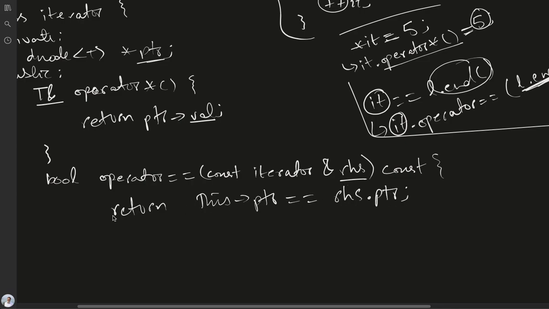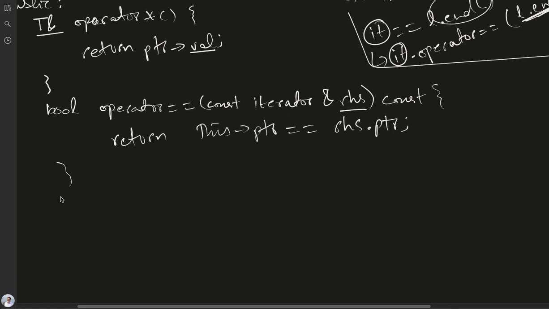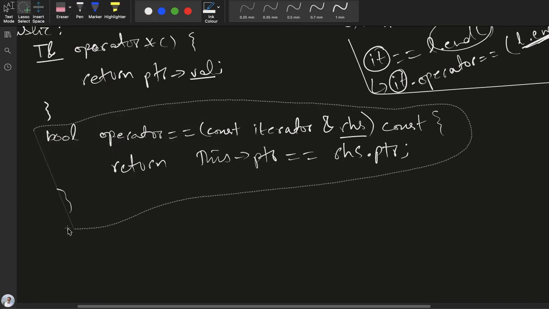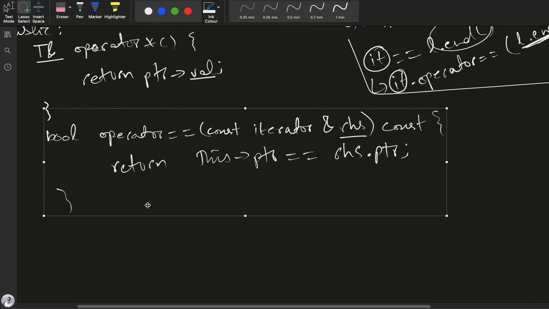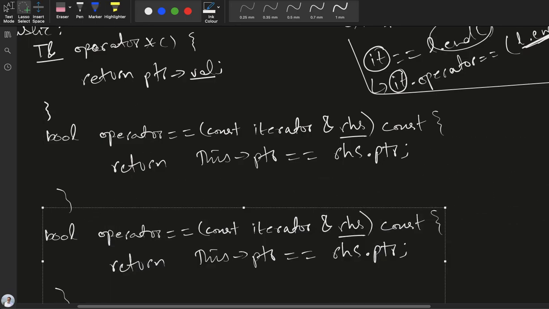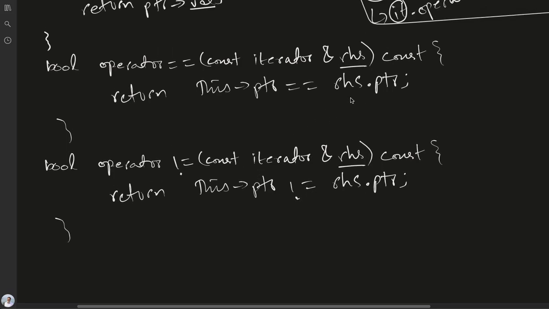The not equal to operator would also be the same, so I would just copy paste this. In not equal to, we just change the boolean expression and implement the not equal to.